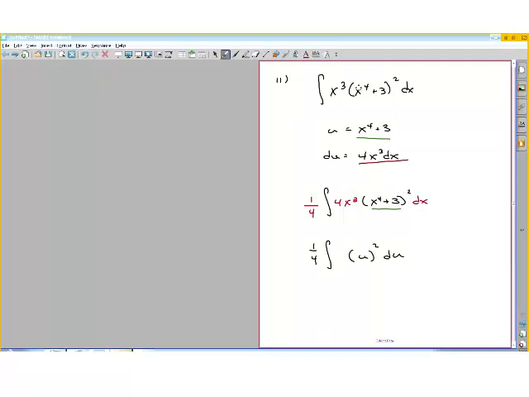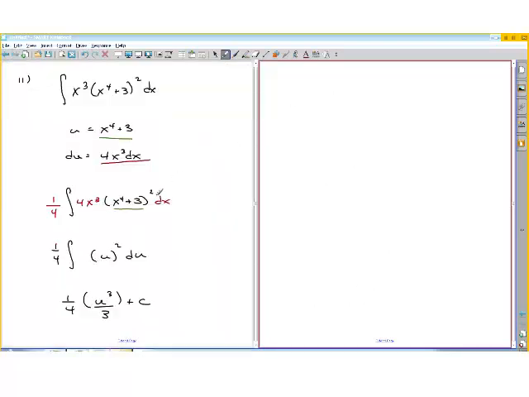Now we go from something we don't have the integral of to something we do, just the power rule where n is equal to 2. So if we integrate this expression, we get u cubed, adding 1 to the exponent, divided by the new exponent, and then we add a constant onto the end of the whole thing.